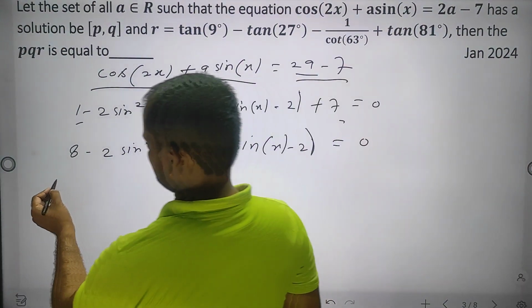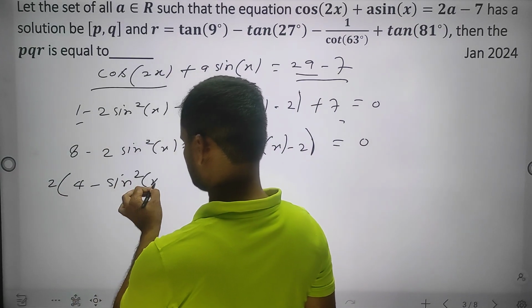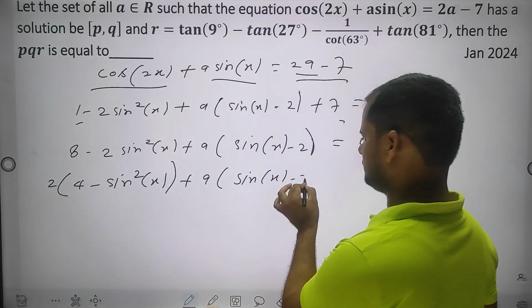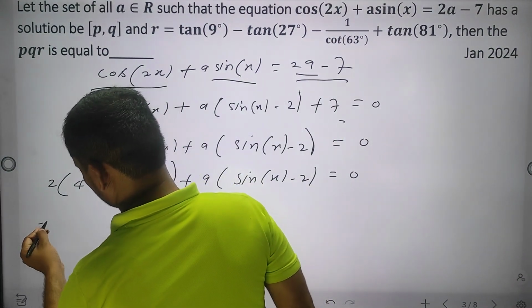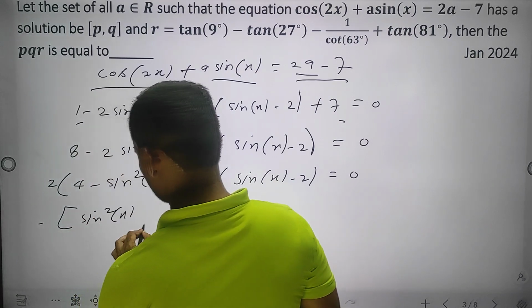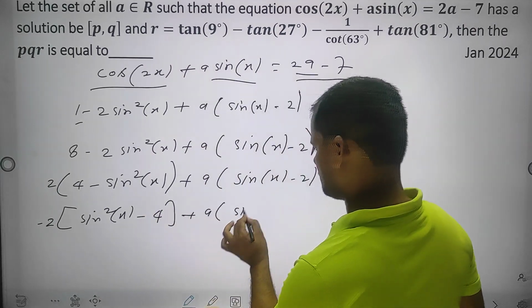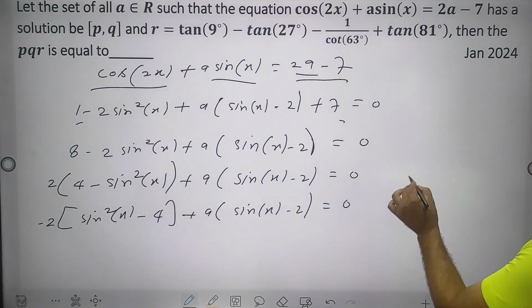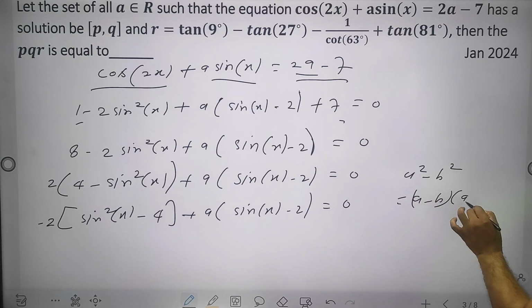Now taking 2 common, this will be 4 minus sin square x plus a into (sin x minus 2) equal to 0. Now if we take minus 2, then this will be sin square x minus 4 plus a into (sin x minus 2) equal to 0, and we know that a square minus b square equals (a minus b) into (a plus b).